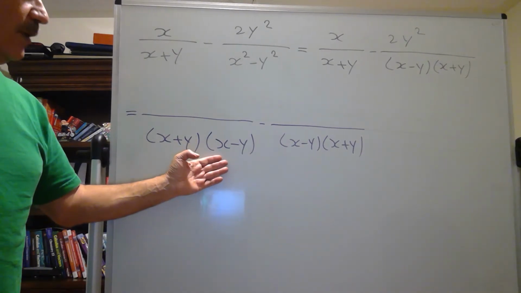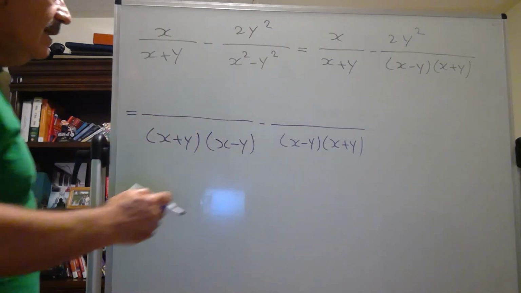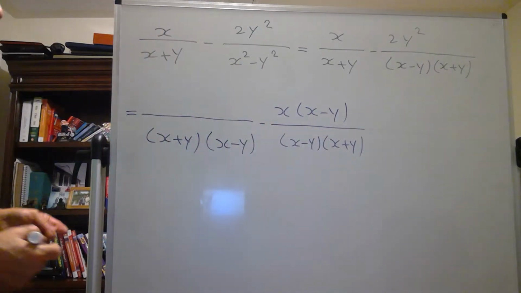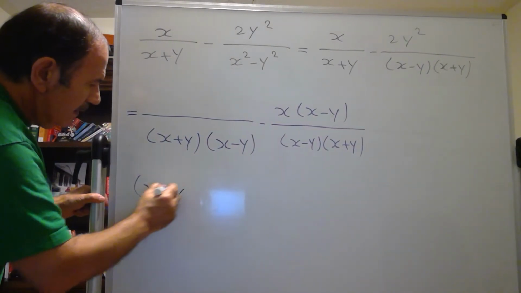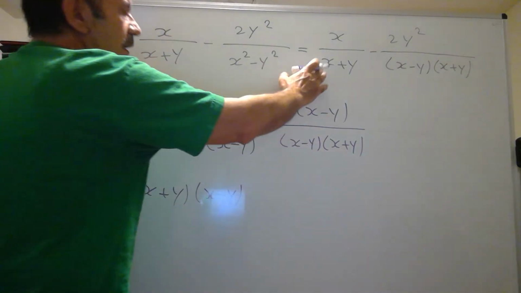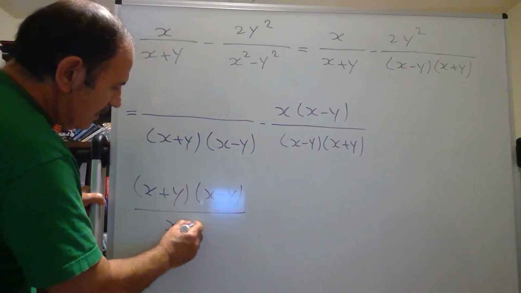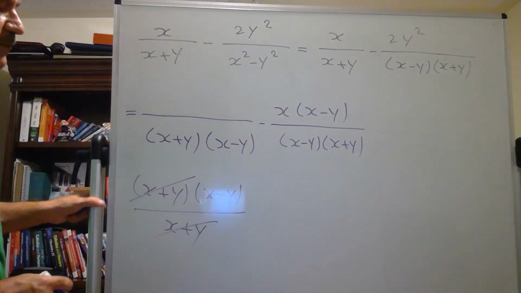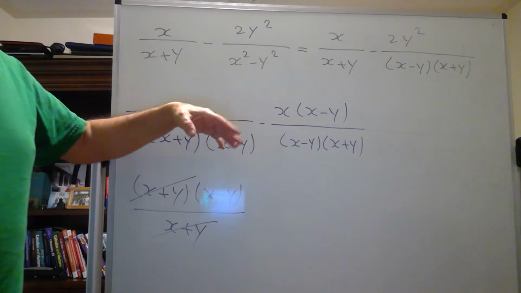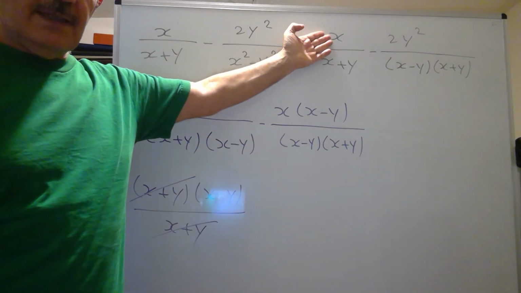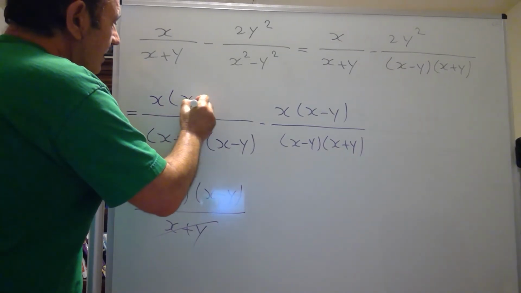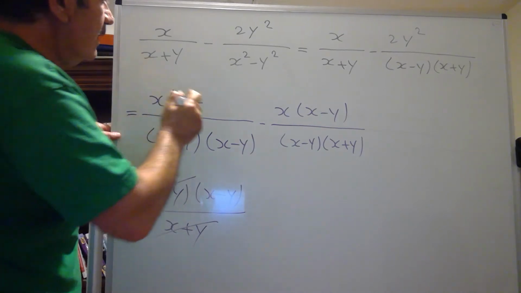The remaining part is x minus y, multiplied by the top, which is x. The result is going to be x times x minus y.